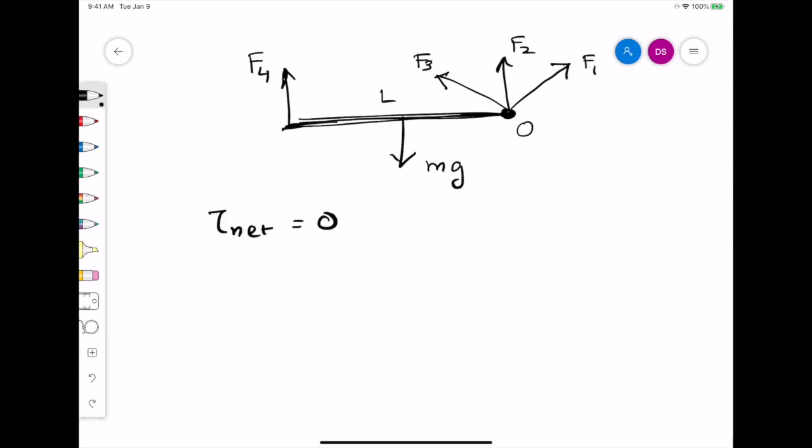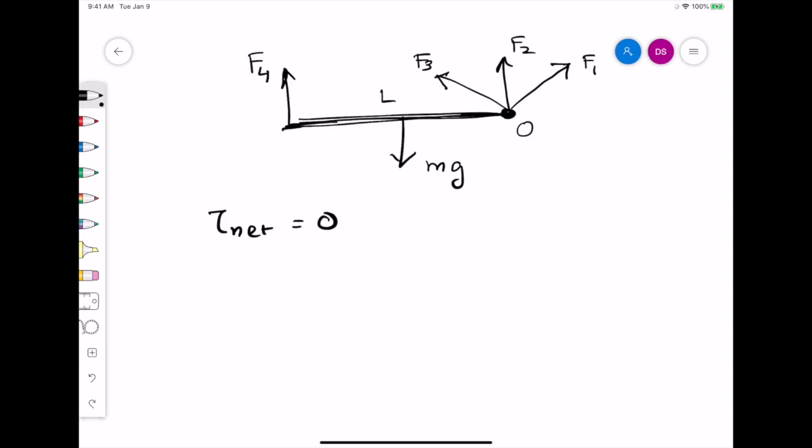Let's see why. So let's first try to calculate the torque of F1 about the point O. Remember, what is torque? Torque is force multiplied by lever arm, and lever arm is simply the perpendicular distance from the reference point to the line of action of the force, right? So this is all stuff from chapter 9.